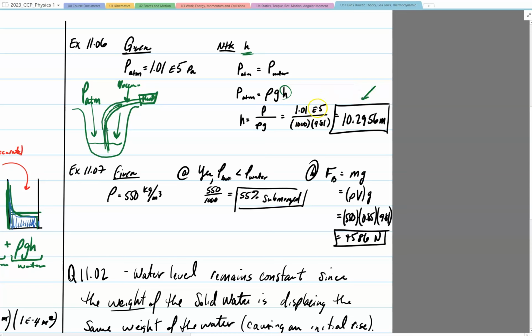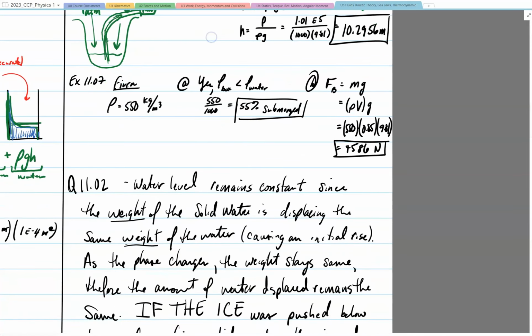Our air pressure in pascals divided by the density in kilograms per meter cubed, and our gravitational constant in meters per second squared. That generates a height of about 10.3 meters, which is about 33 or 34 feet. This is a fine pump for, say, some pumps in your house, but if we need larger pumps in larger systems, then different pumping systems have to be developed.